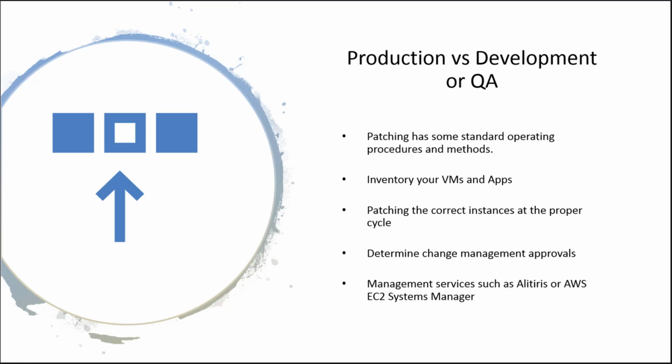So just be aware that you want to handle patching a little bit differently if you're deploying in production versus development or even QA. In development, quality assurance, or test, you have more flexibility in how you deploy your patches, at least from my experience.